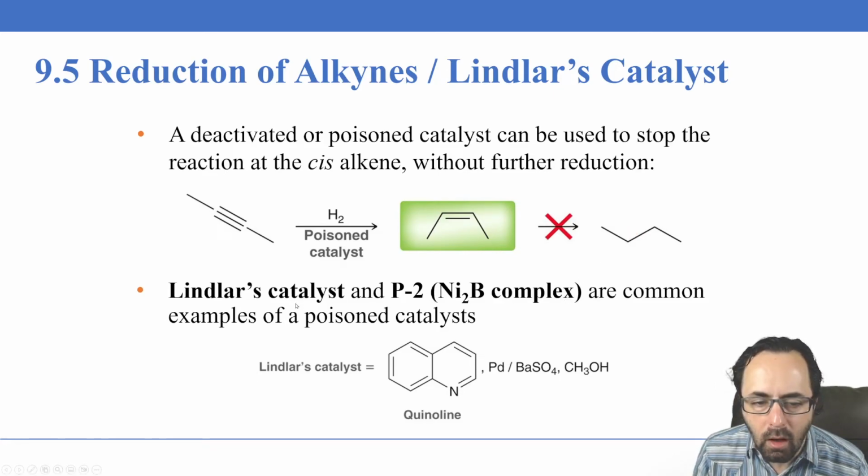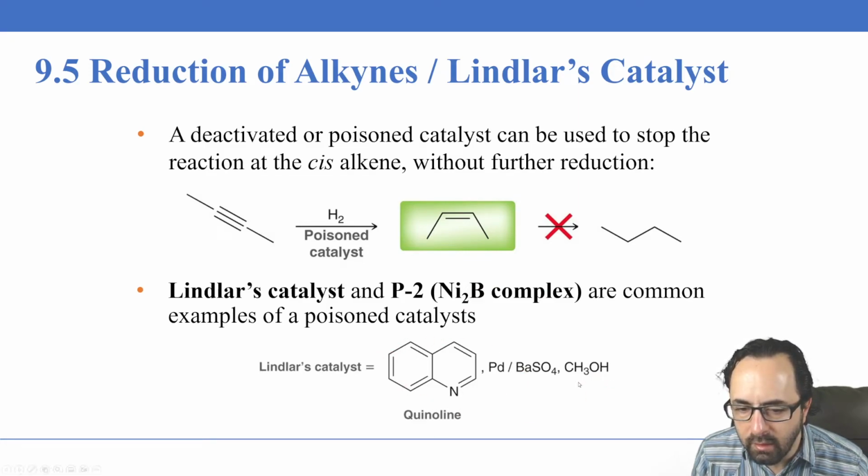A commonly used poisoned catalyst is Lindlar's catalyst. Here's what Lindlar's catalyst is. It's got a palladium surface, but it also has this quinoline involved in it as well, barium sulfate, and then methanol. So this combination of reagents is generally referred to as Lindlar catalyst.